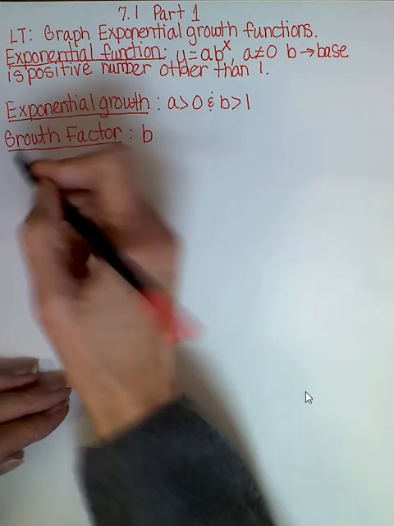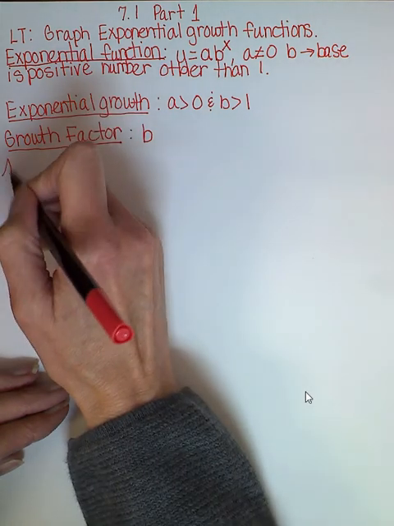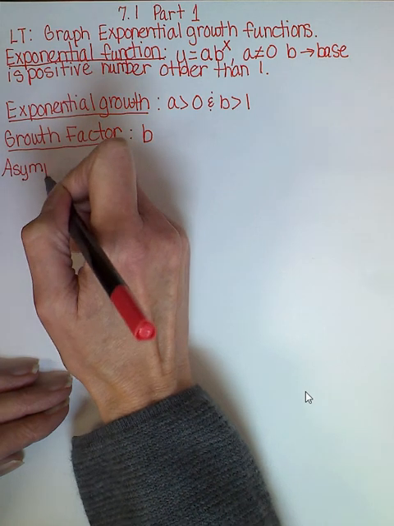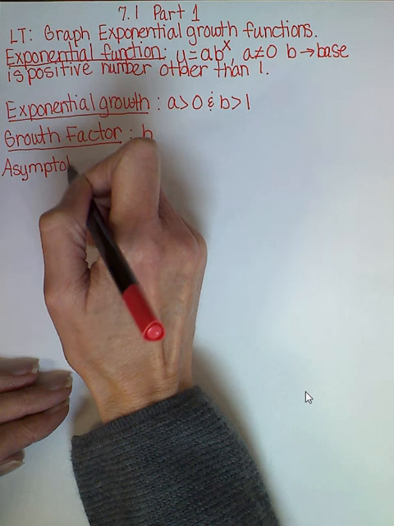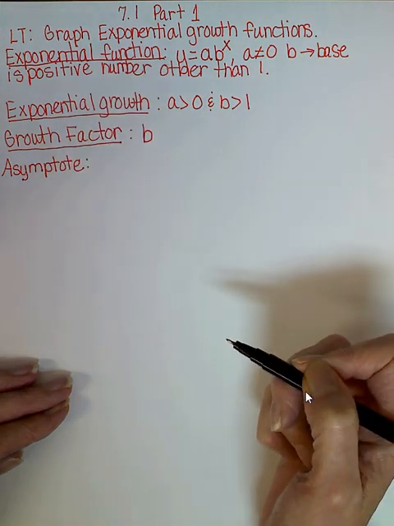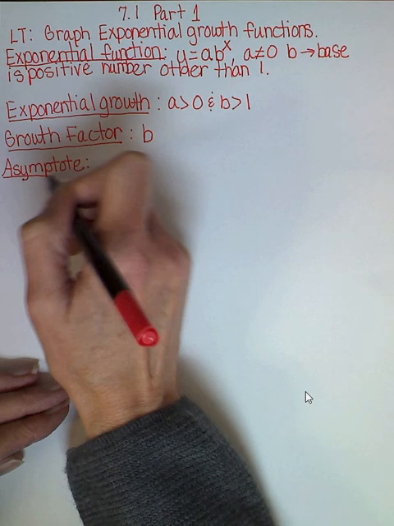Okay? Alright, and then we have a new word that I don't think we've used before, and it's asymptote. Okay, and this will be a part of our graphs of the exponential function.